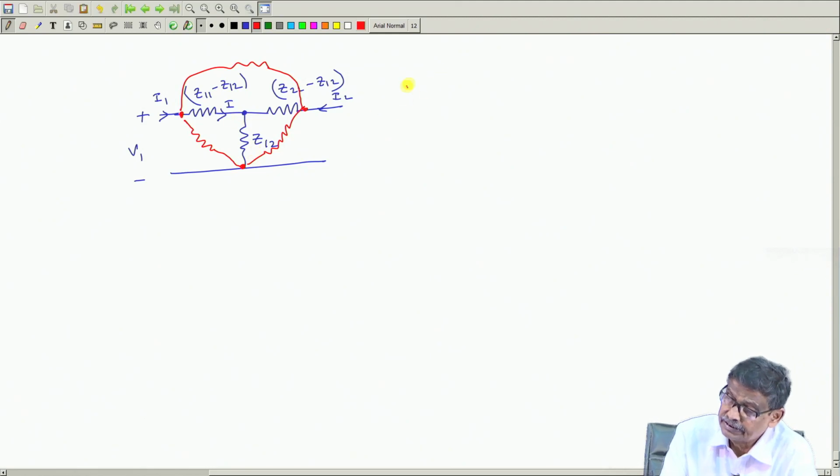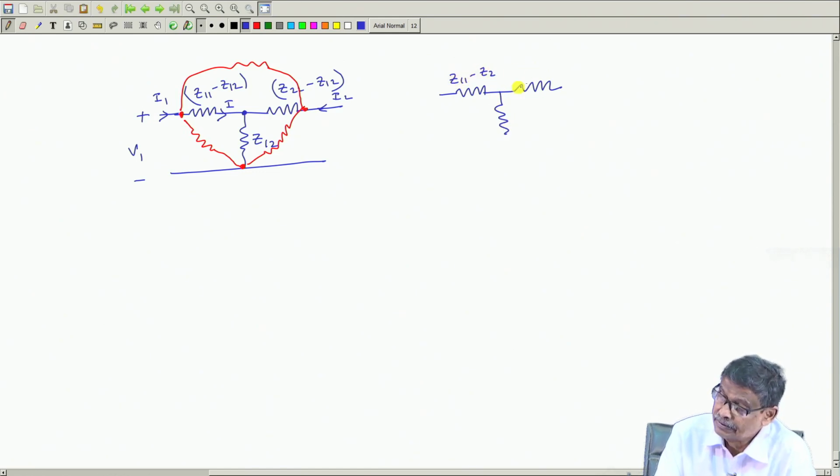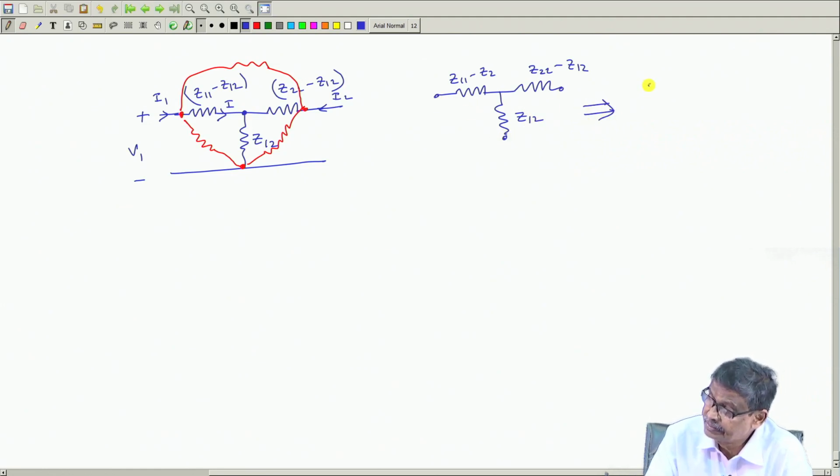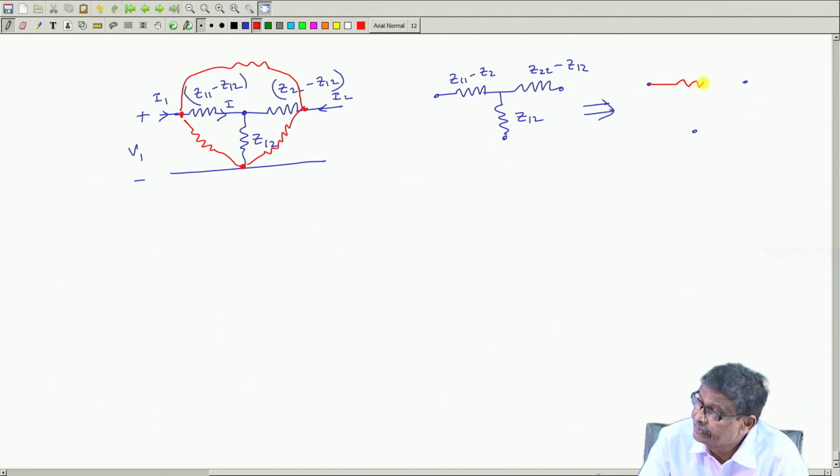So, this star connected network, that is these 3, Z11 minus Z12, Z22 minus Z12, and this is Z12. With respect to these 3 points, which I cannot touch, it is a 3 terminal 2 port network. This can be drawn as a circuit like this, is it not?